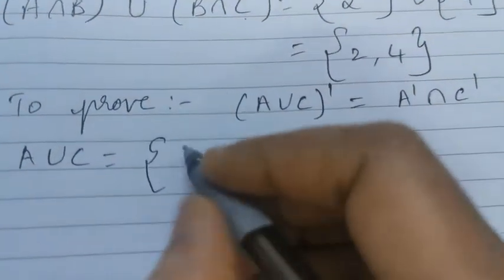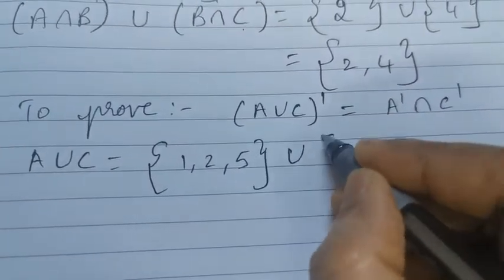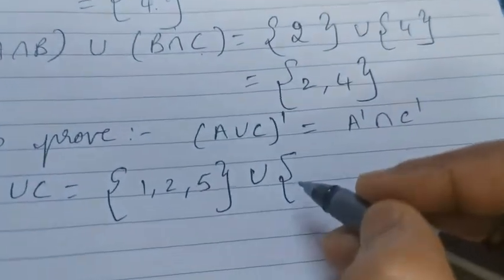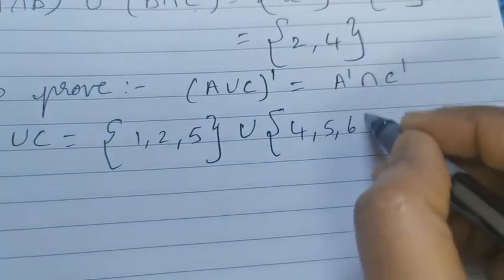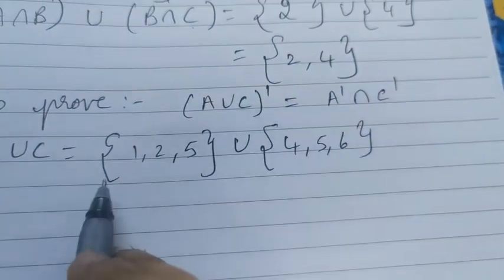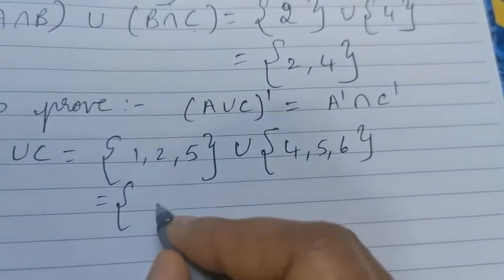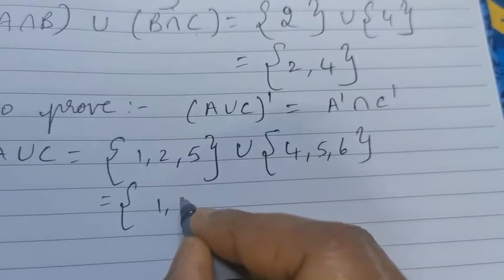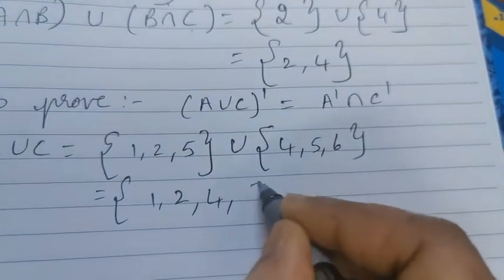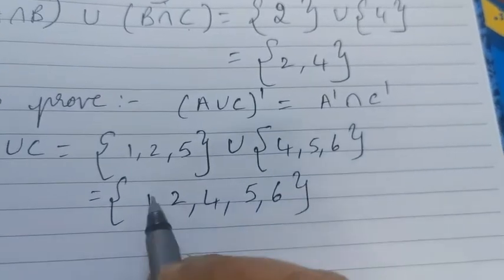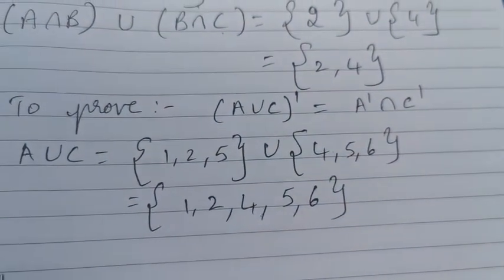So the set A has elements 1, 2, 5 union the set C has elements 4, 5, 6. The union means we will have to write it all together. So 1, 2, write in the correct order, 4, 5, 6. So 1, 2, 5 is here, 4, 5, 6 is here. This is A union C.